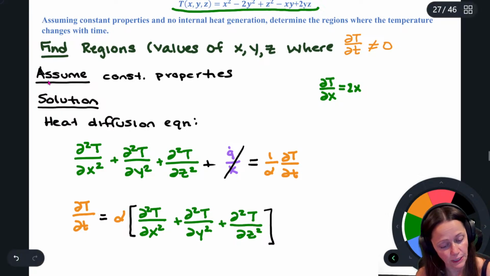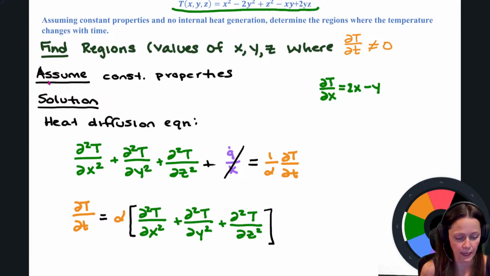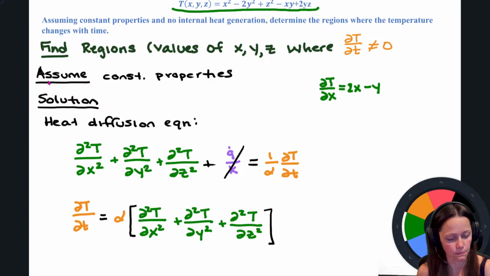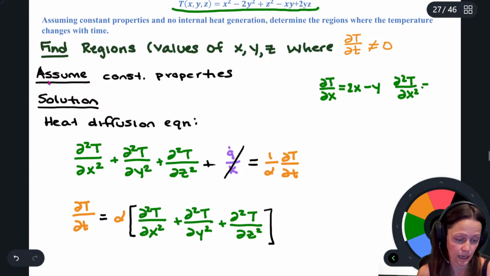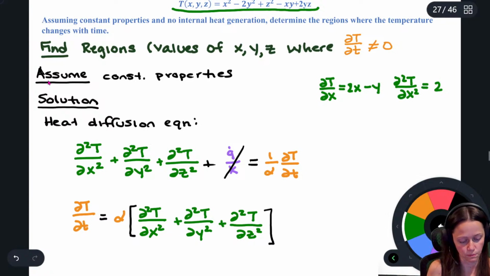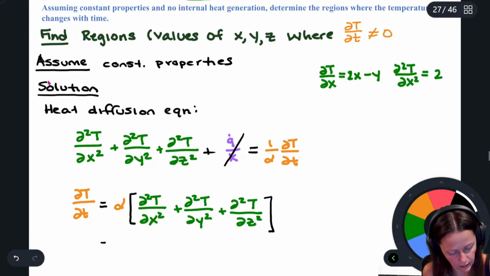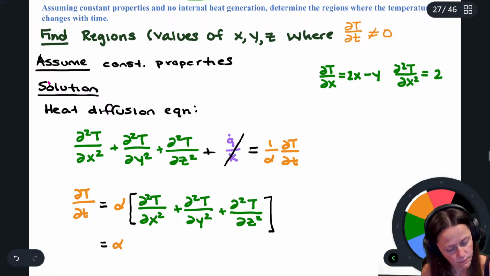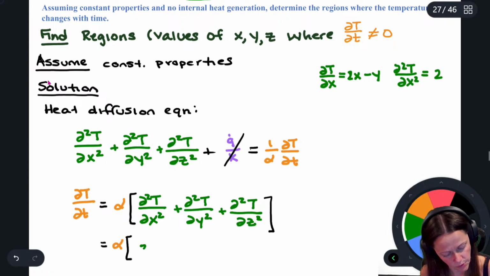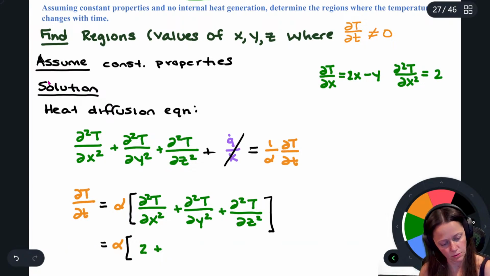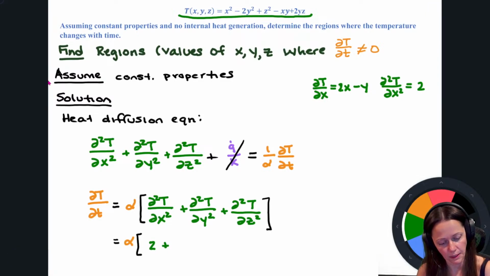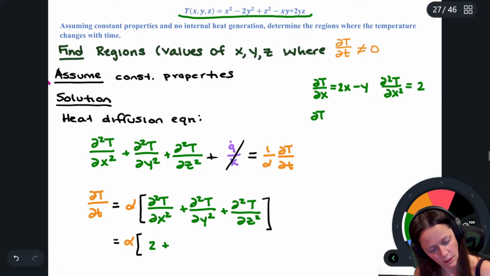The derivative of negative xy is negative y, and the derivative of 2yz with respect to x is 0. Taking that derivative again with respect to x, all I have is 2. So let's start plugging that in: I have 2 plus something.